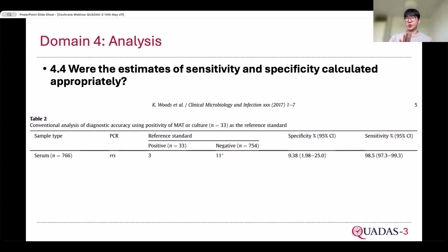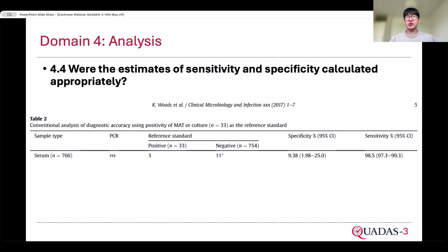Now, just take a quick moment. We don't have a lot of time, but just take a quick moment to see whether you think the estimates of sensitivity and specificity make sense. Yeah, we already see that Katie, you spotted that, indeed, sensitivity and specificity were turned around.